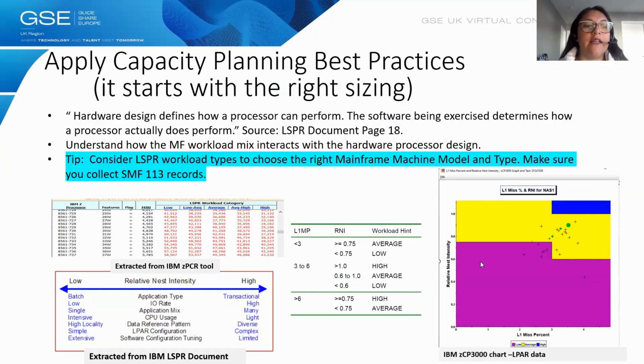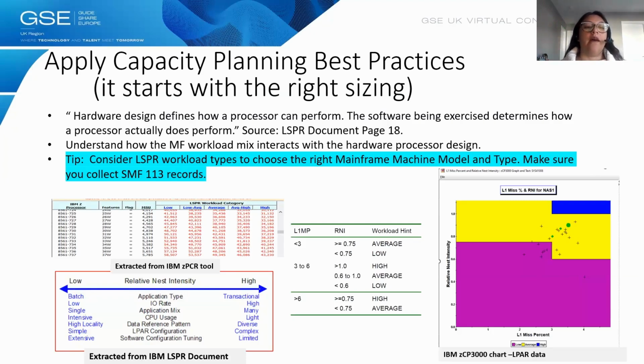Hardware design defines how a processor can perform. The software being exercised on this hardware determines how a processor actually does perform. So what does it mean? For bidding purposes or for commercial purposes, mainframe has a MIPS table, right? It's a baseline for the capacity of each mainframe hardware.